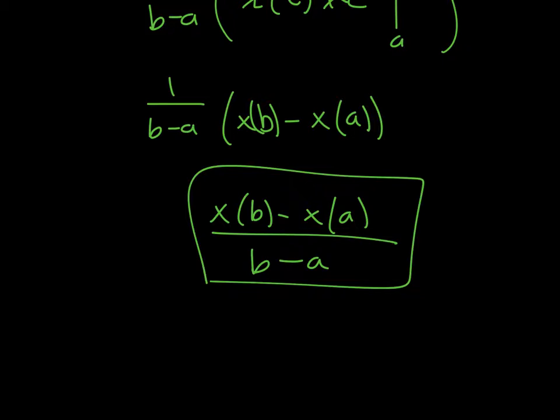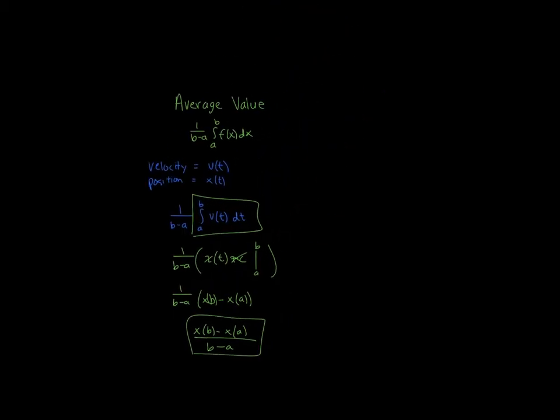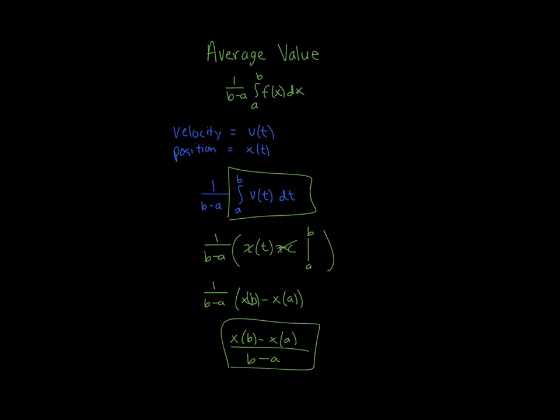I just wanted to show how the average rate of change of position is the same as the average value of velocity. We just evaluated the integral, and we saw that it's actually the same thing.